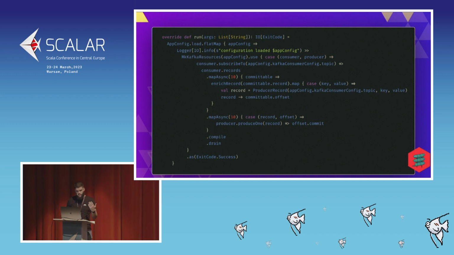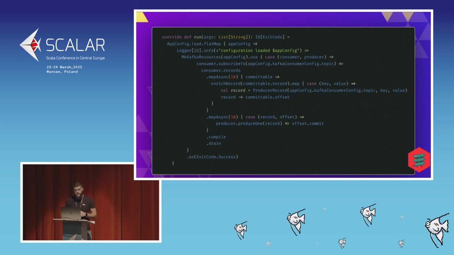The enrichRecord function will just transform the original record in some way, and it will return a new key-value pair. And in the map operator, we are just creating a producer record, and finally pairing that with the original offset that we are going to use later.